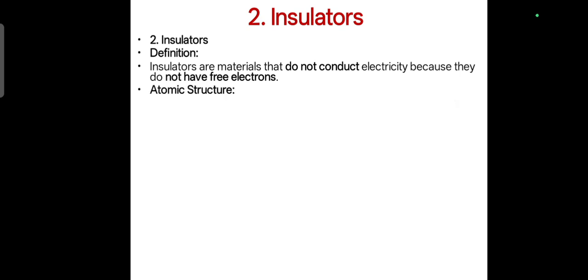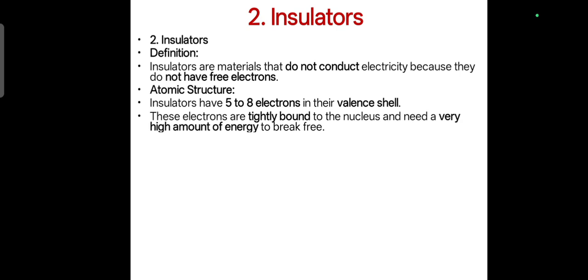Insulators have 5 to 8 electrons in their valence shell. These electrons are tightly bound to the nucleus and need a very high amount of energy to break. So these electrons are tightly bound with the nucleus, that's why we need to provide a high amount of energy to break them. As a result, no electrons are available to carry current.